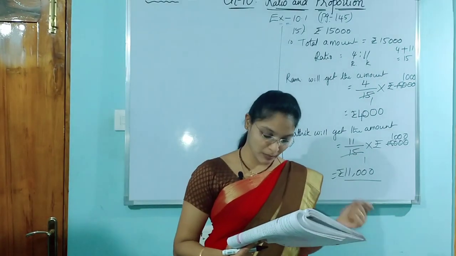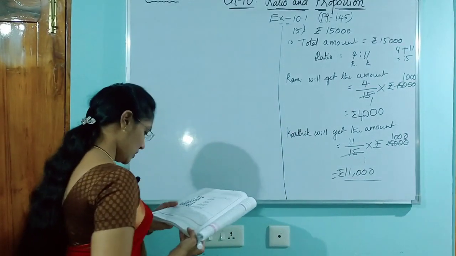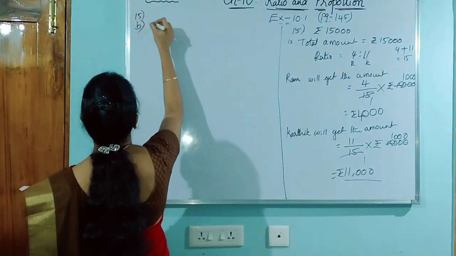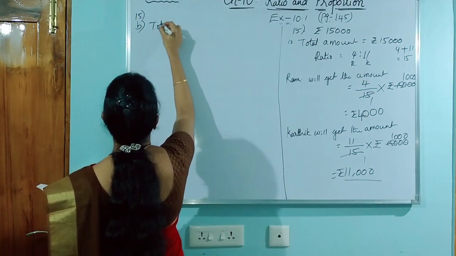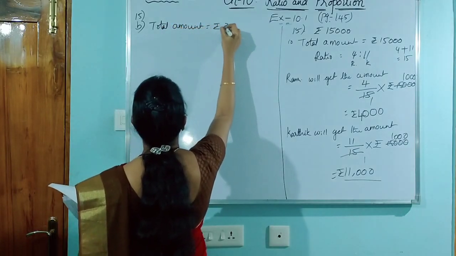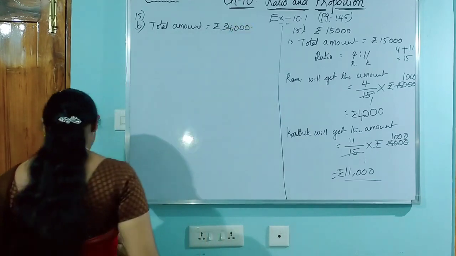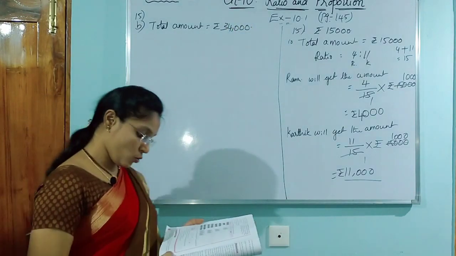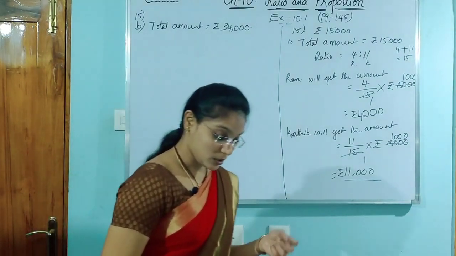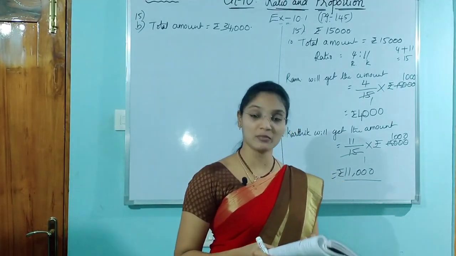Now the B bit, the C bit is your homework, children. Same, the total amount is 34,000 rupees. Okay, so between Shobha, Uma and Roshan, here you may get a doubt. Till now we saw only two terms in the ratio. Here three terms are there.